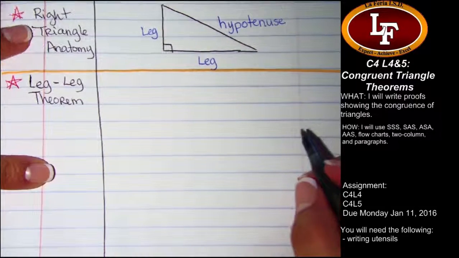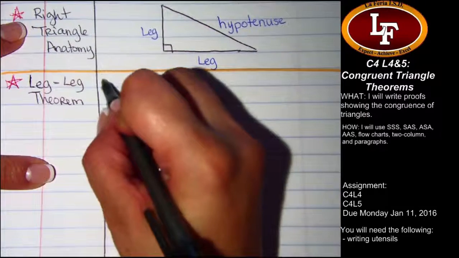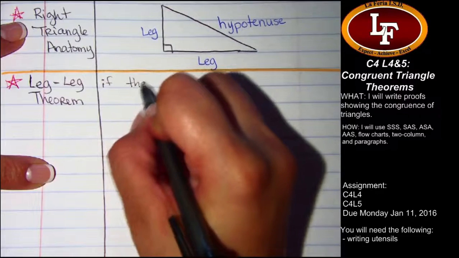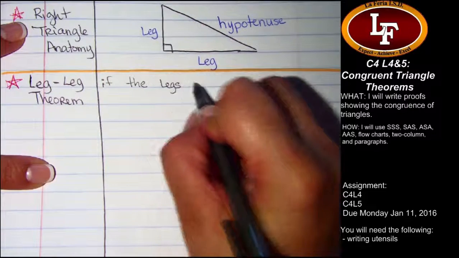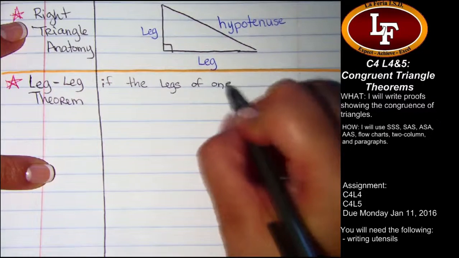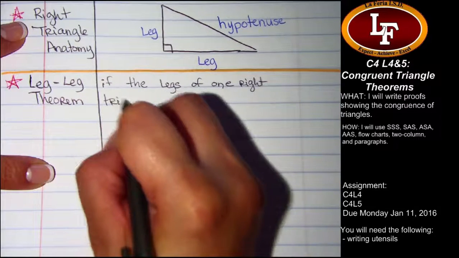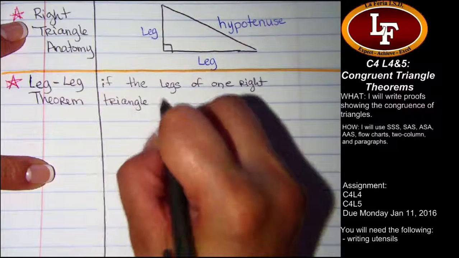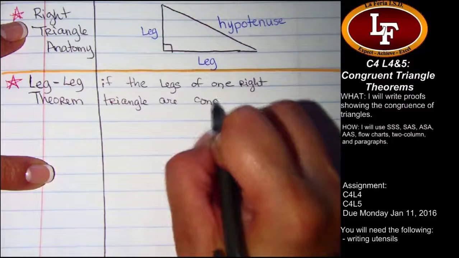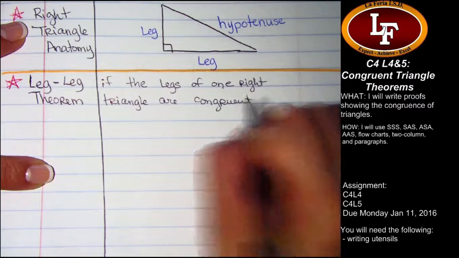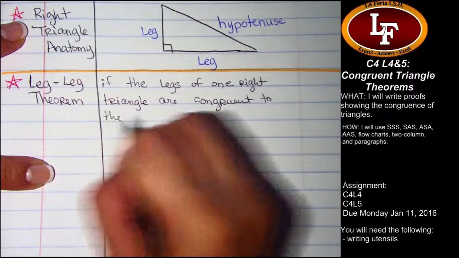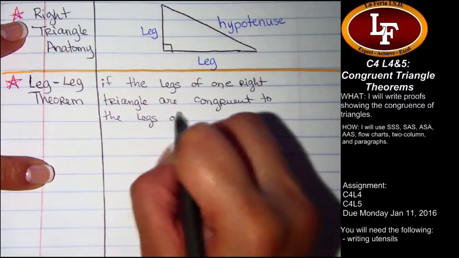The first theorem is called the leg theorem, and it says this. If the legs of one right triangle are congruent to the legs of another right triangle, then the right triangles are congruent.